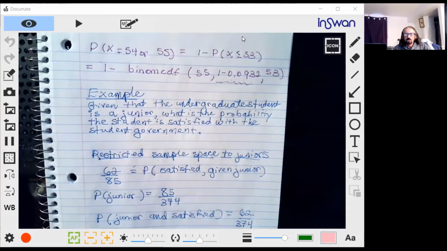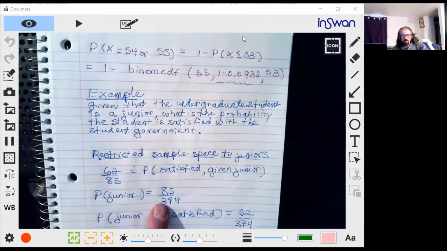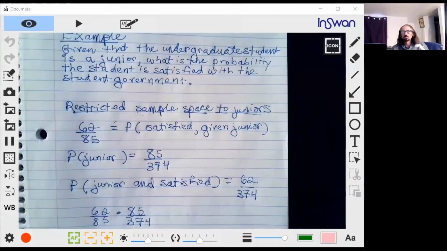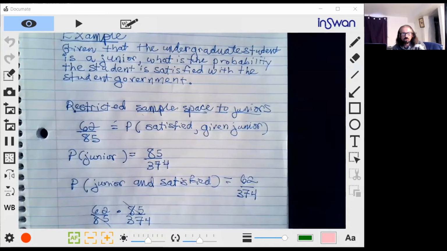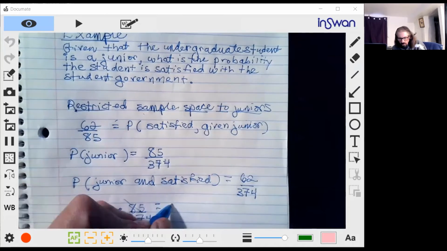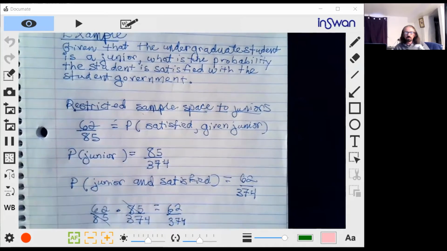What happens if we were to multiply the 62 over 85 by the 85 over 374? The 85s would cancel, giving us the 62 over 374 that we had for the intersection, the probability of junior and satisfied. So what can we glean from this?